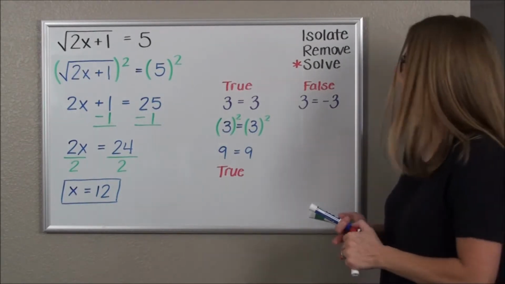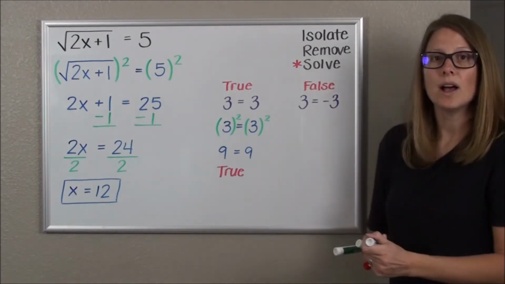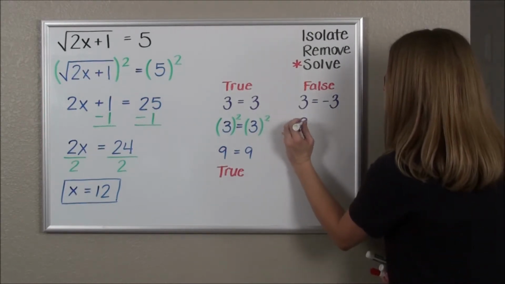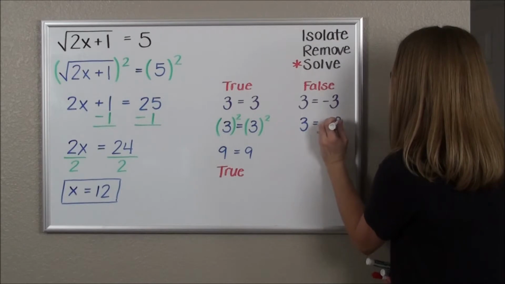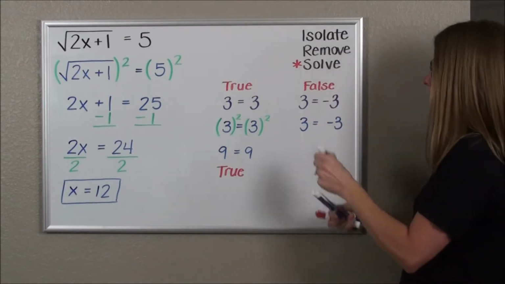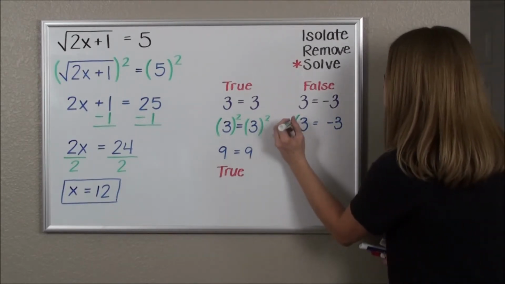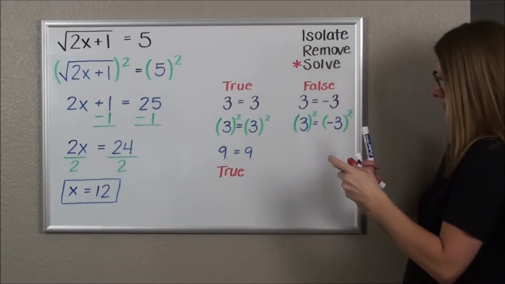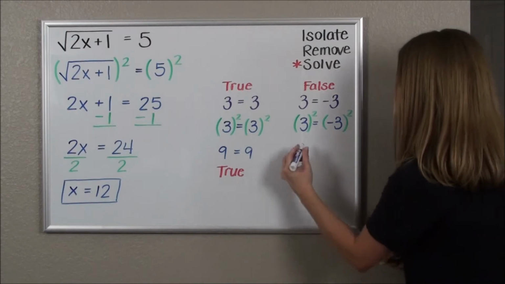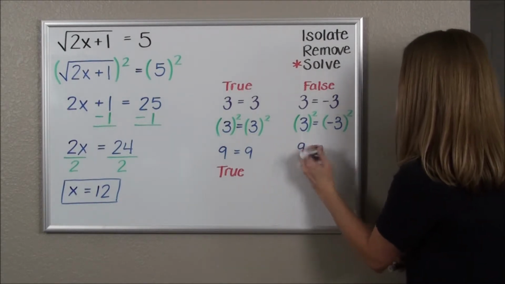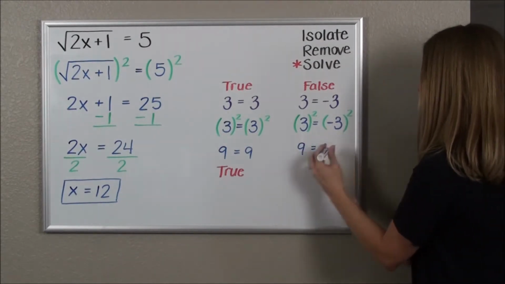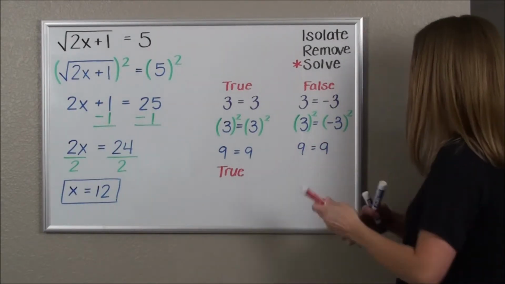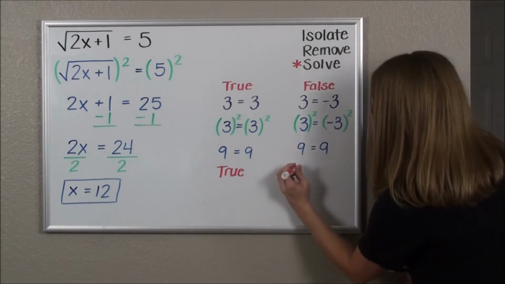However, let's look at this other statement. This statement, which was false, 3 is technically not the same as negative 3. And so if I were to take that statement and square both sides here, on the left, 3 squared gives me 9, and on the right, negative 3 squared gives me 9. And this has become a true statement.